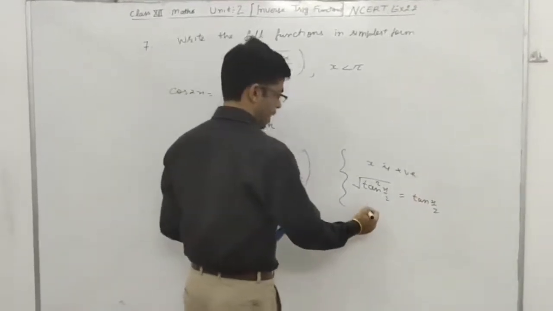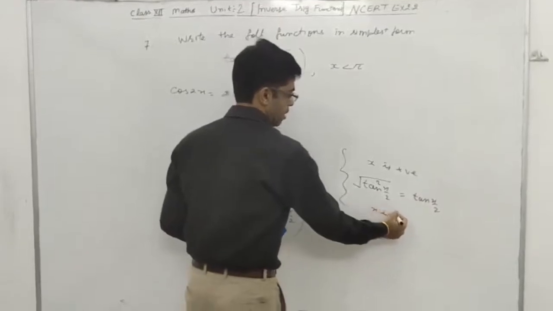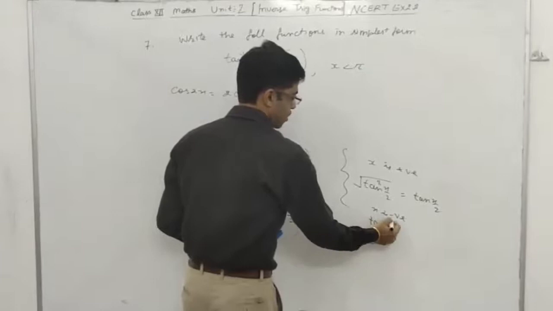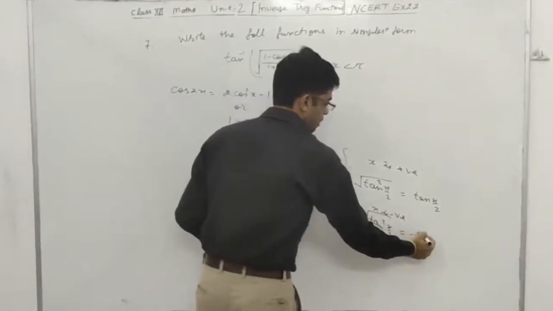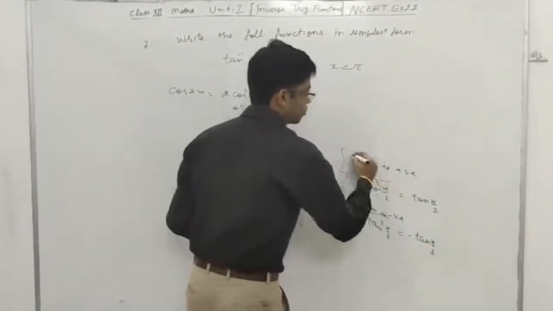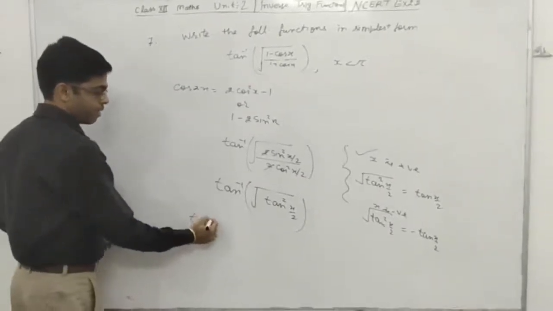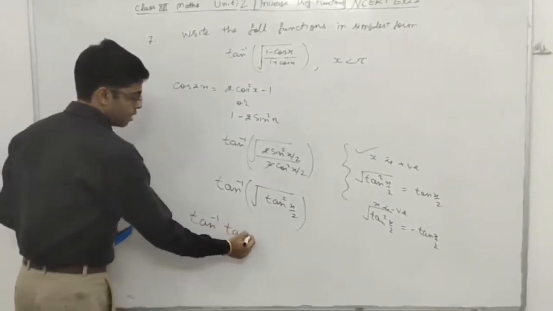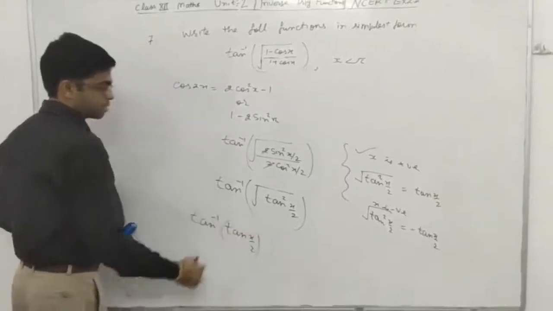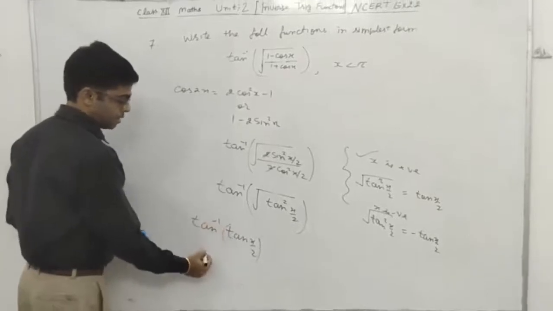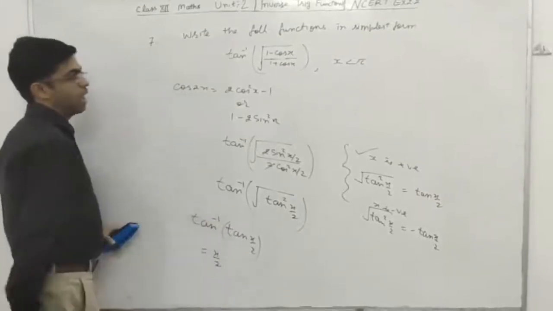If x is negative, then root of tan square x by 2 is minus tan x by 2. So we will take positive in this. So this will be tan inverse tan x by 2, and this is equal to x by 2.